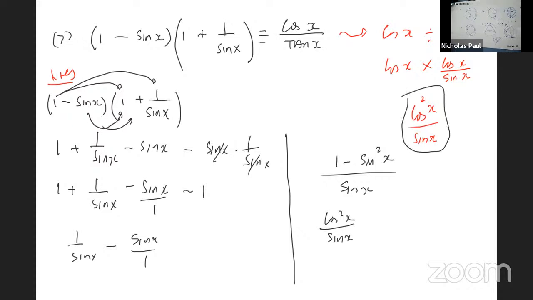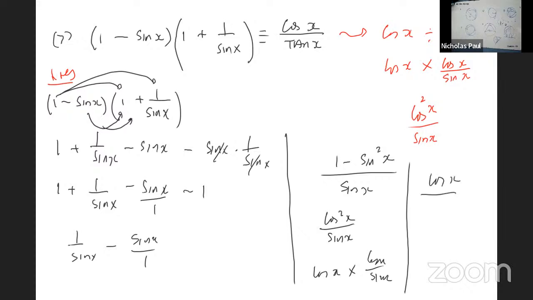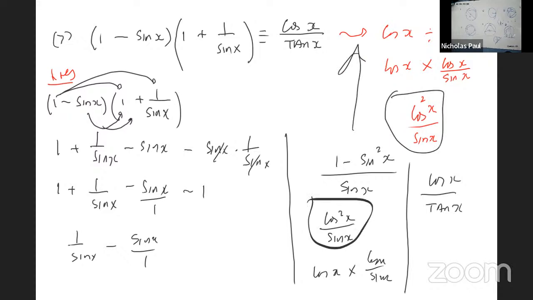You have to continue: write cos x by cos x on sine x, and then write cos x over tan x. The same thing you have in red, you have to write it back. You can't just stop right here.